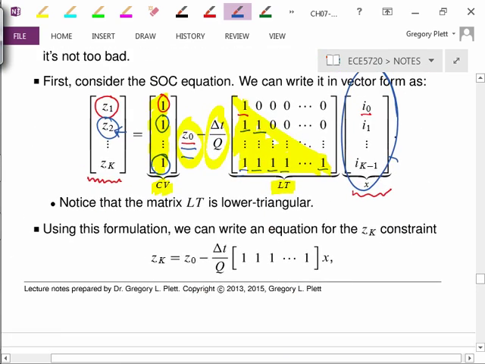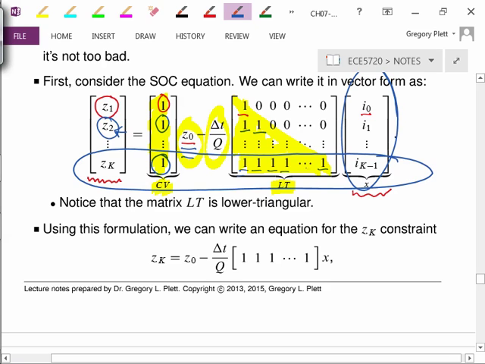So I can pull off the last row of this equation and say that zk equals z0 minus delta t over q times this matrix of 1s times x, and I desire for that to be equal to z end. That is going to be part of my equality constraint.